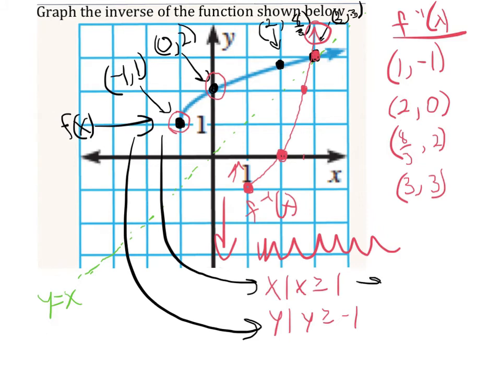So they just swap. Alright, so if I were to give you the domain and range, you should be able to tell me automatically what the inverse's domain and range are as well.